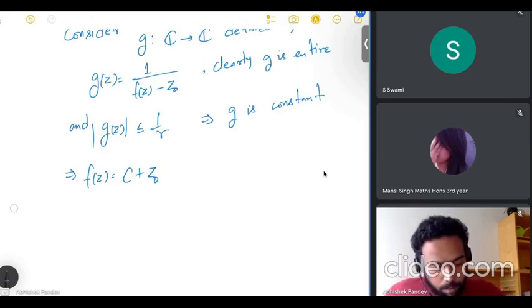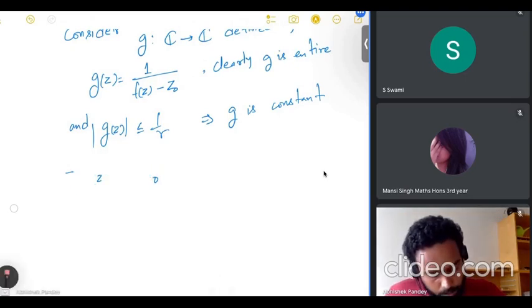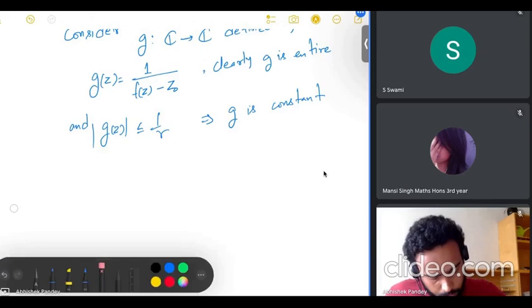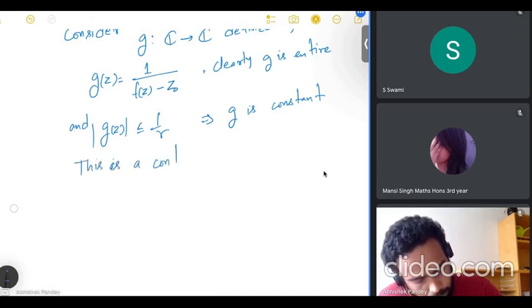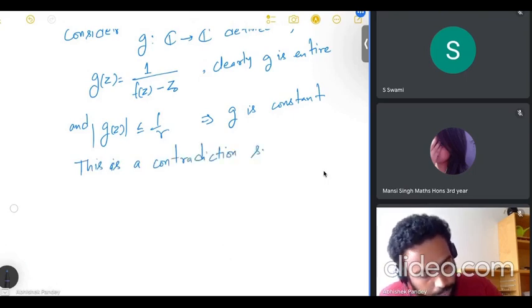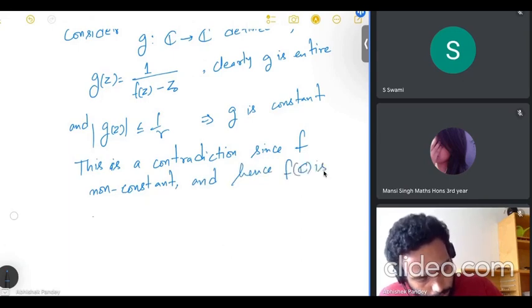So this is a contradiction, since f is non-constant. And hence f of C is dense in C.